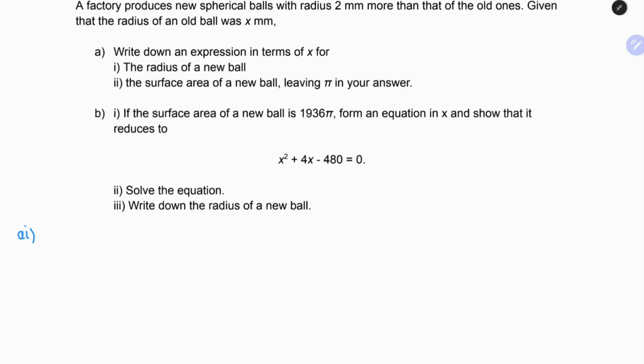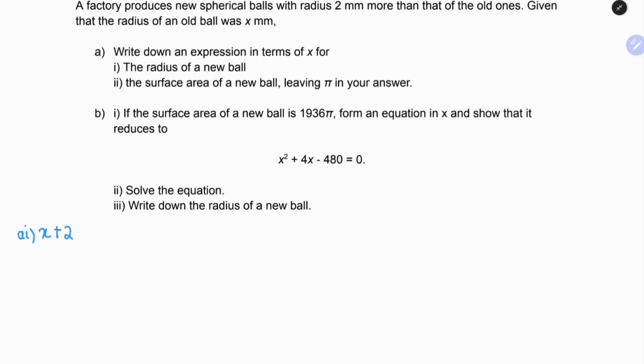It's this very same thing with this next question. It's saying that the old ball had a radius of x millimeters and the new ball has 2 millimeters more. So we're just going to add 2 millimeters to the radius of the old ball. So it's just going to be x plus 2.